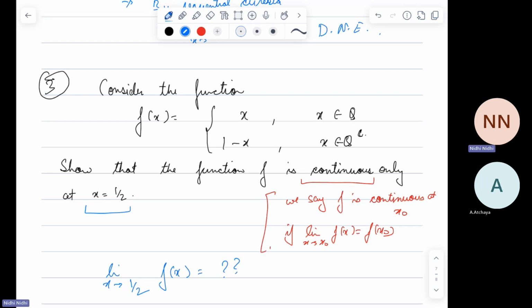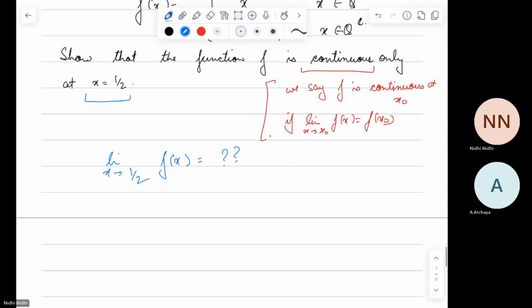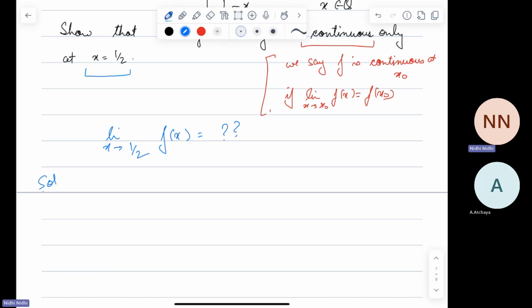Because at this point, we'll see how this function looks near 1 by 2. Solution.